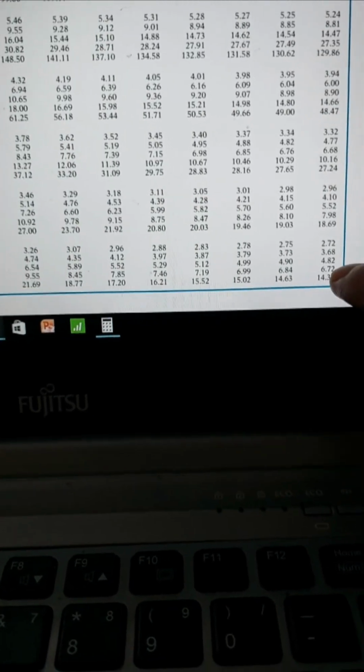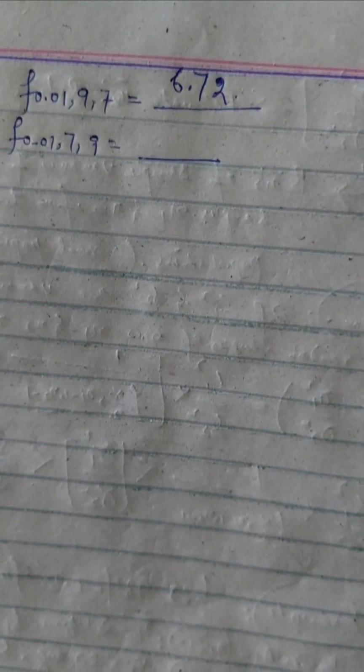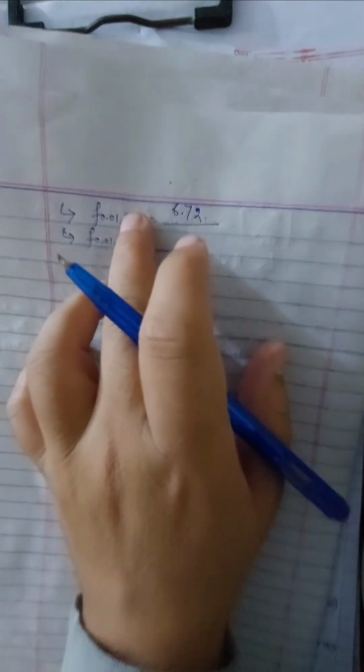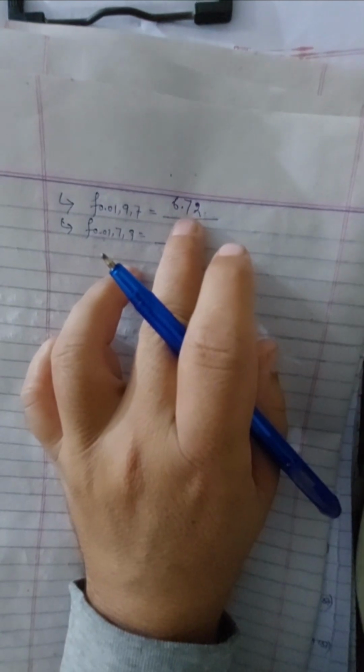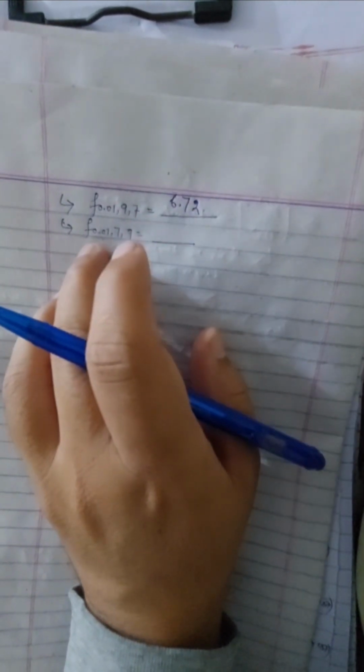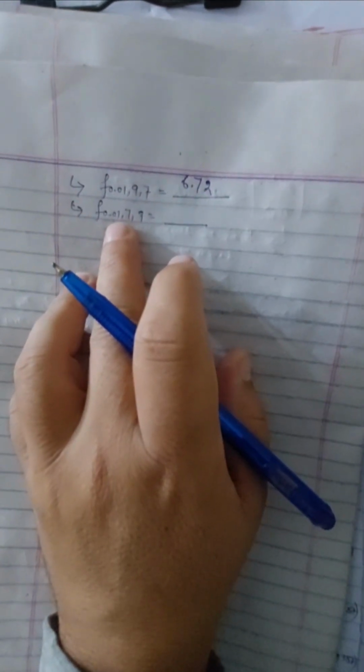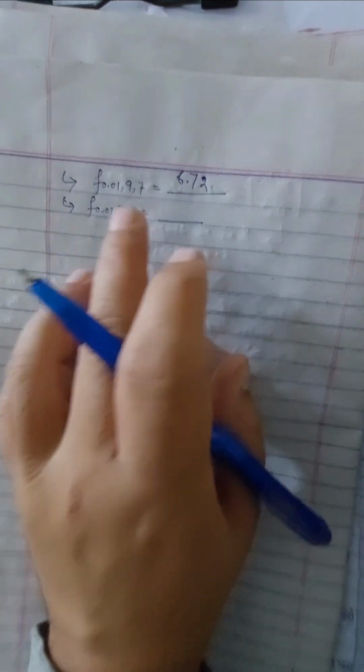So the value that we get for f of 0.0197 is equal to 6.72. Now we need to get the value for f of 0.0179 from the same table.